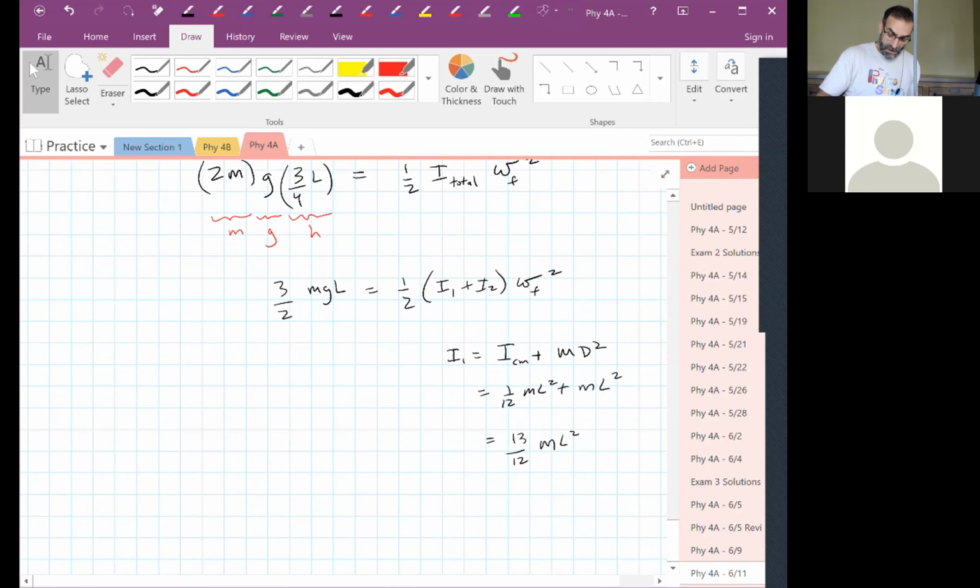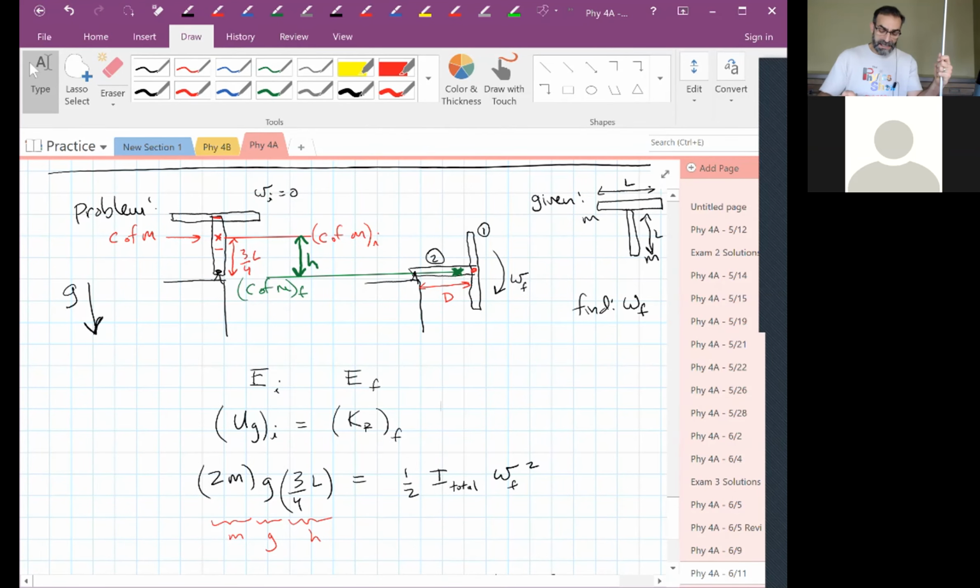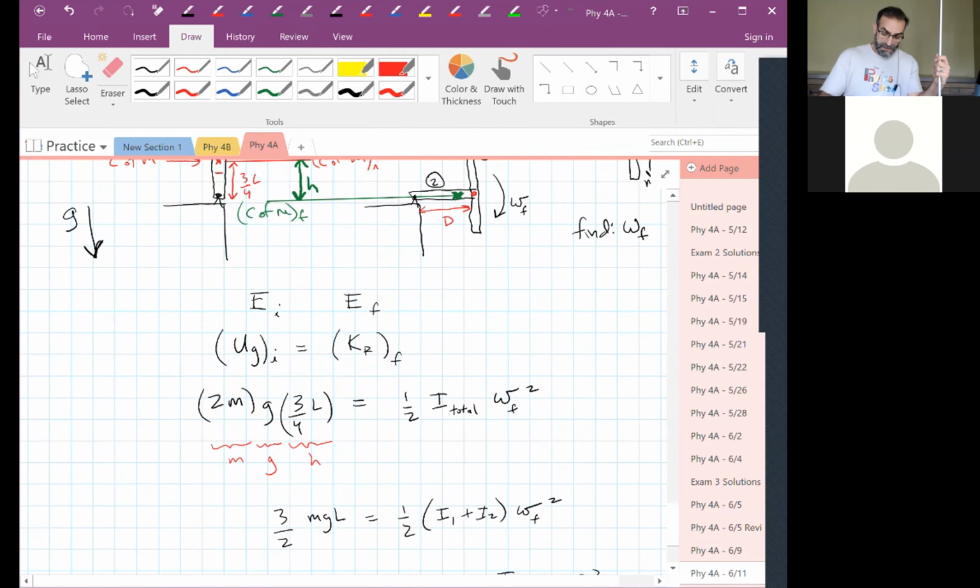So we do the rotational inertia about the center of mass, 1/12 ml squared. We add to that the total mass of the object times the distance between the two axes squared, the center of mass and the axis that we are interested in. And in this case, it's the length of one of the rods.